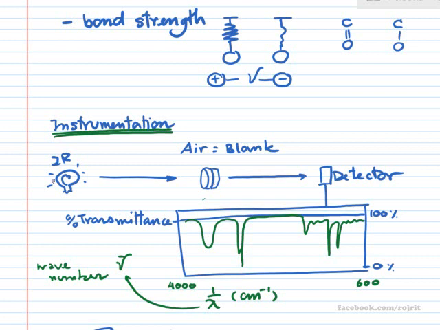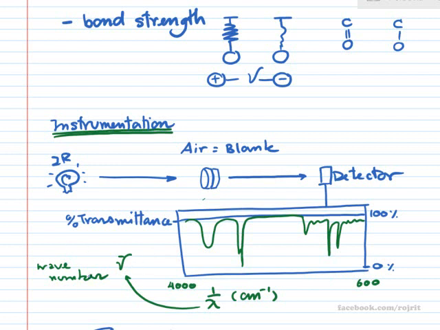After your IR light passes through it, it absorbs some infrared in specific wavelengths corresponding to the stretching of the excited state of your compounds. Then it goes to the detector, and this is what we can see. On the y-axis is the percentage of transmittance, and on the x-axis is the wave number.